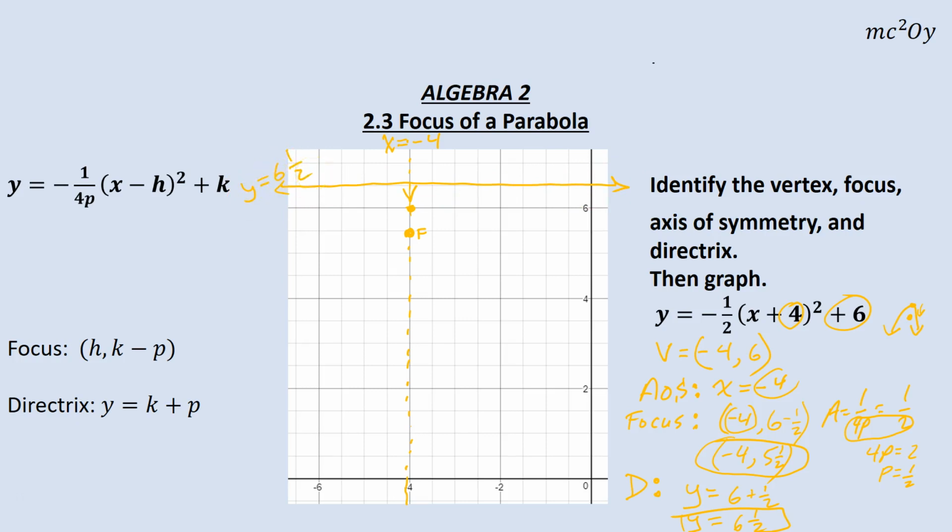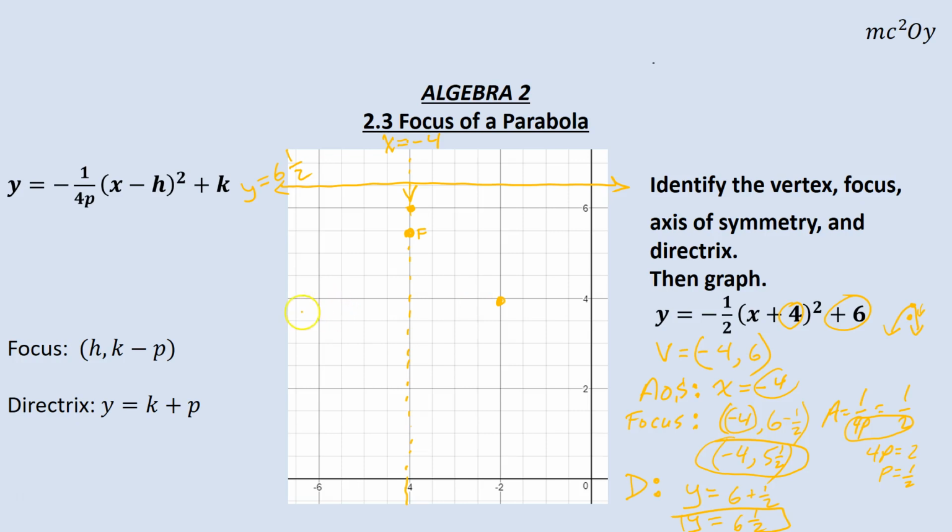Okay, and then for our graph, if I were to plug in negative 2 for x, that would give me 2 squared is 4. Half of 4 is 2, times negative... 2 plus 6 is 4. So when I plug in negative 2, I get an output of 4.